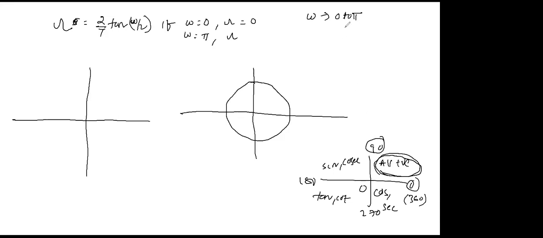When omega is 0 to pi, since it is tan of omega by 2, it starts from tan 0 and ends with tan pi by 2. The limit is 0 to pi by 2, means 0 to 90. So in 0 to 90 all is positive, means tan is positive or negative? Positive, sir. Positive, it's very simple. If tan is positive, what can I comment? Omega is positive or negative?